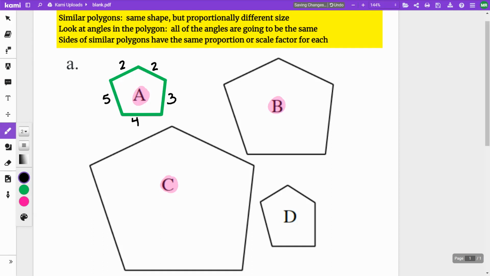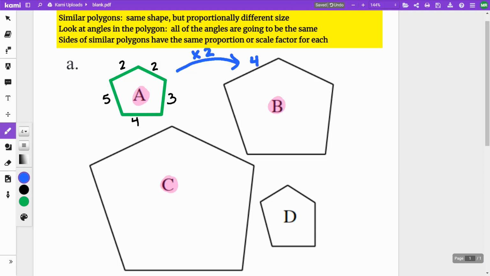So B is bigger, so my scale factor that I'm timesing it by needs to be bigger than 1. Let's say that this is twice as big. Okay, let's just say it's twice as big. So that means every side's going to be doubled.